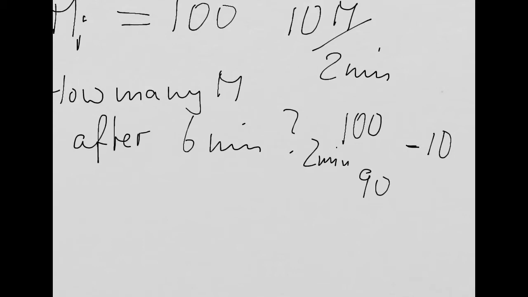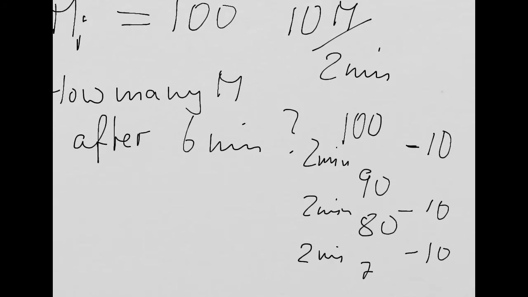After another 2 minutes, another 10 are gone, so I've got 80. And after another 2 minutes, another 10 are gone, so I've got 70 left. Absolutely right. Yeah? So that is basically how you would deal with a situation like that.